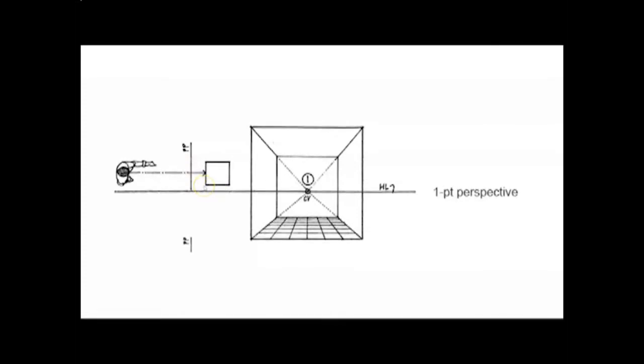How one point works, obviously we have the horizon line and we have one vanishing point right here. That's first what we would set up. And we would also then notice that the two sides here of the object are perfectly parallel to the picture plane. And in one point perspective, faces that are parallel to the picture plane stay true. They stay at that 90 degrees, parallel and perpendicular.